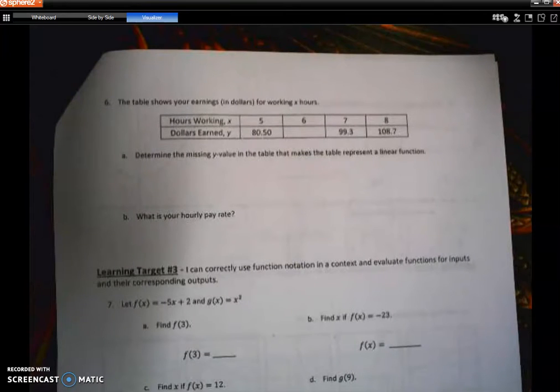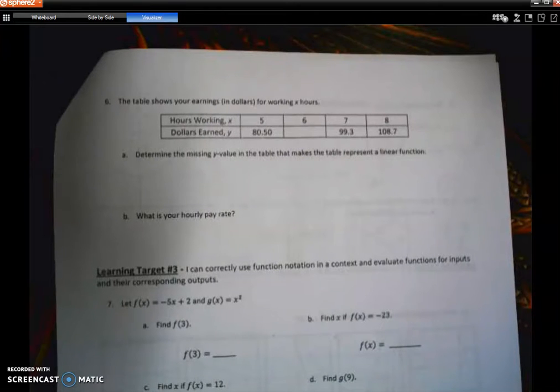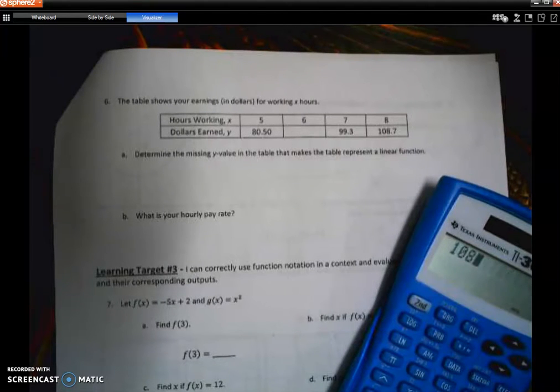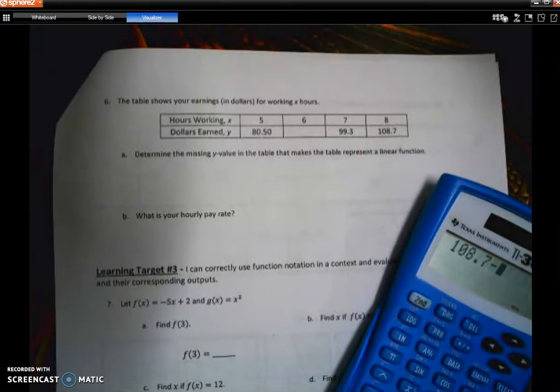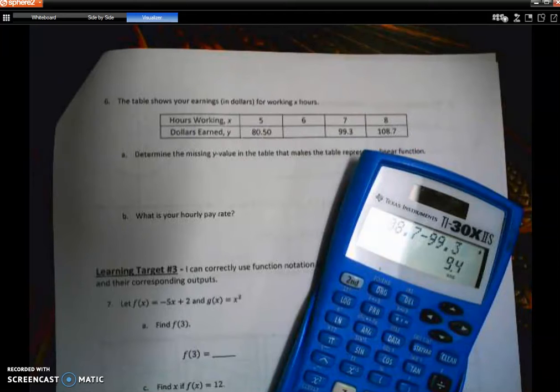Number 6. The table shows the earnings in dollars you're making working for X hours. Determine the missing Y value in the table that makes the table represent a linear function. So the question is how much money are you making each hour? Well, you made $108.70. So you go on the calculator. $108.70 minus $99.30. You get a whopping $9.40 per hour.